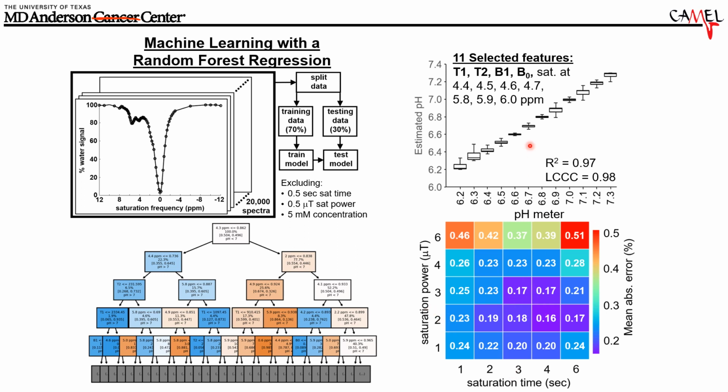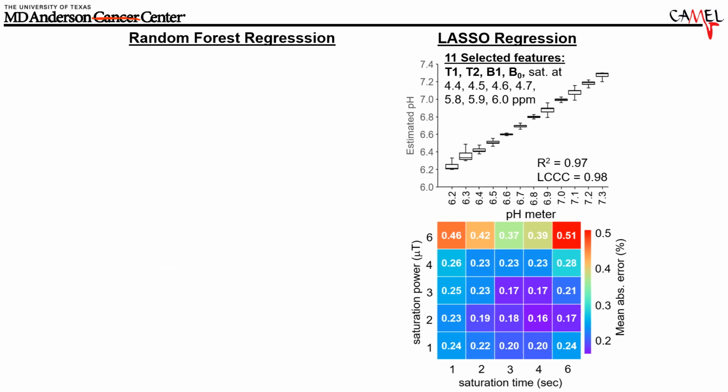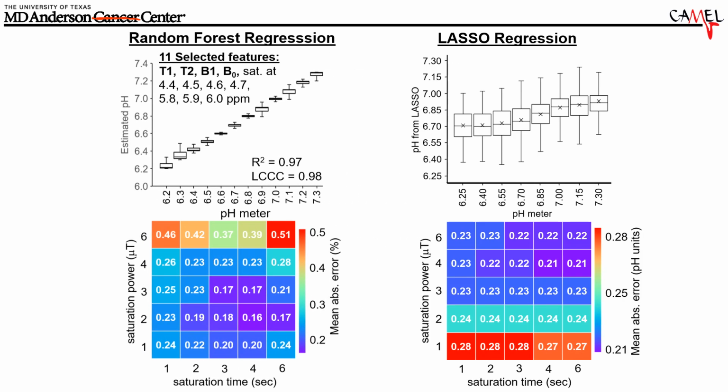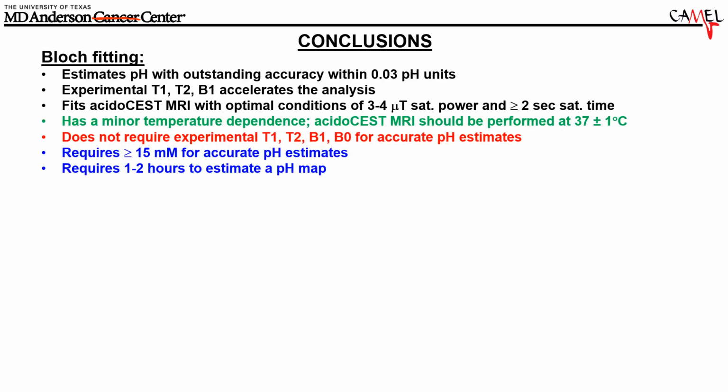While the errors are going to be larger than what's seen up here, this figure shows that the sweet spot for saturation time is about 3 to 4 seconds, and saturation power about 3 microtesla, not too different from what we've shown earlier. We did lasso regression. This is an inferior technique, and we get higher errors. So we recommend random forest regression, which works just fine.